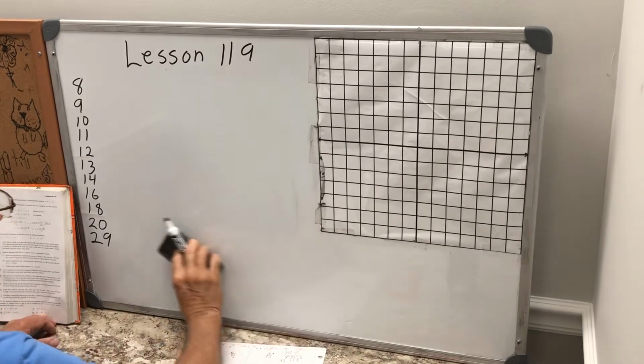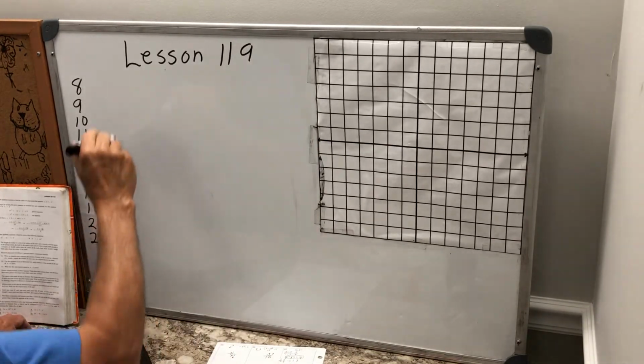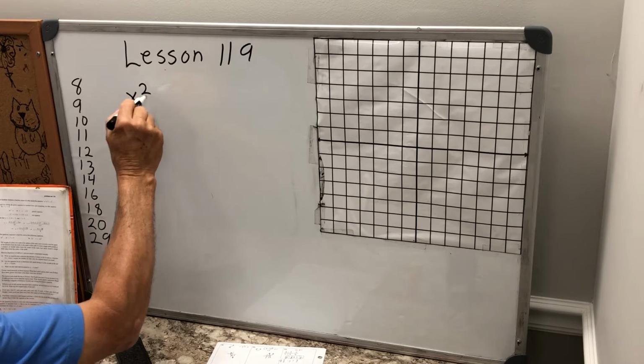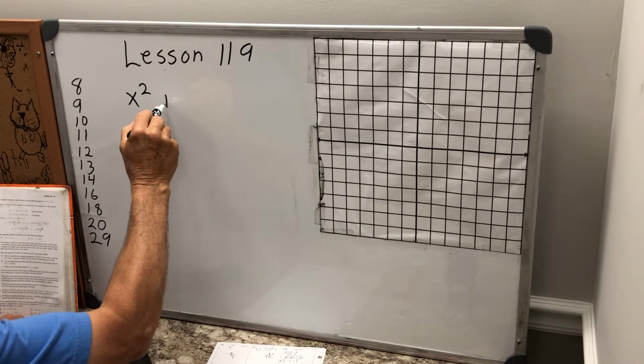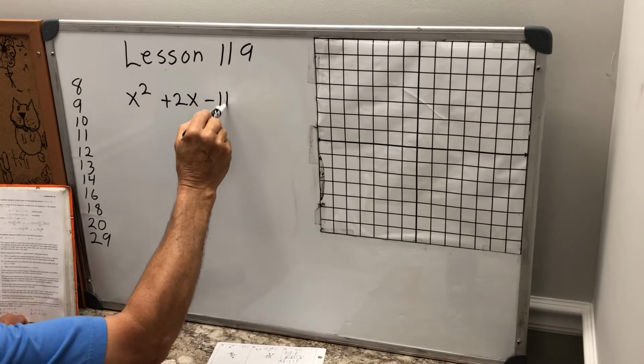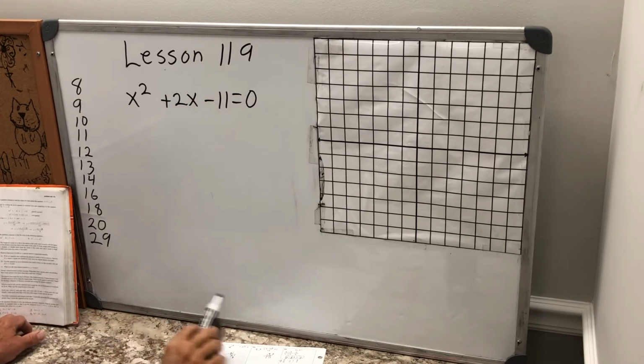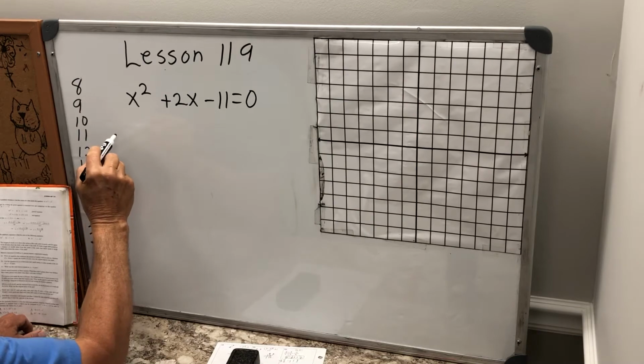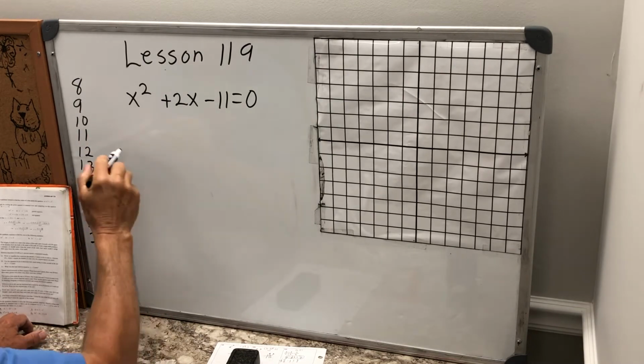Number 10, I hope you're getting the formulas and all of this in your head. x squared plus 2x minus 11. They actually have this one all set up here for us. Again, this is helpful to rewrite this every time. Here we go.